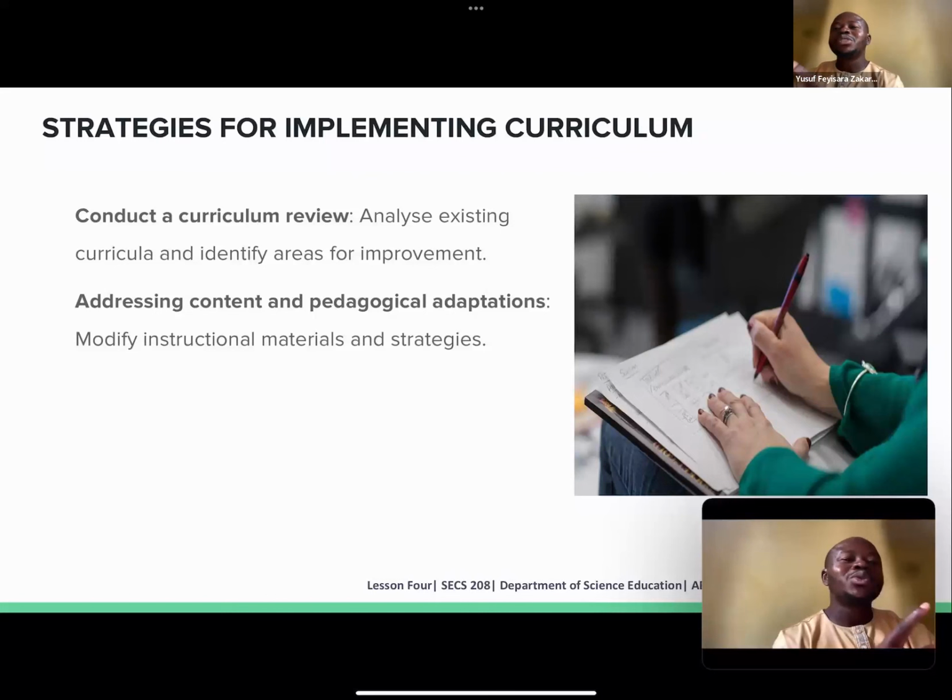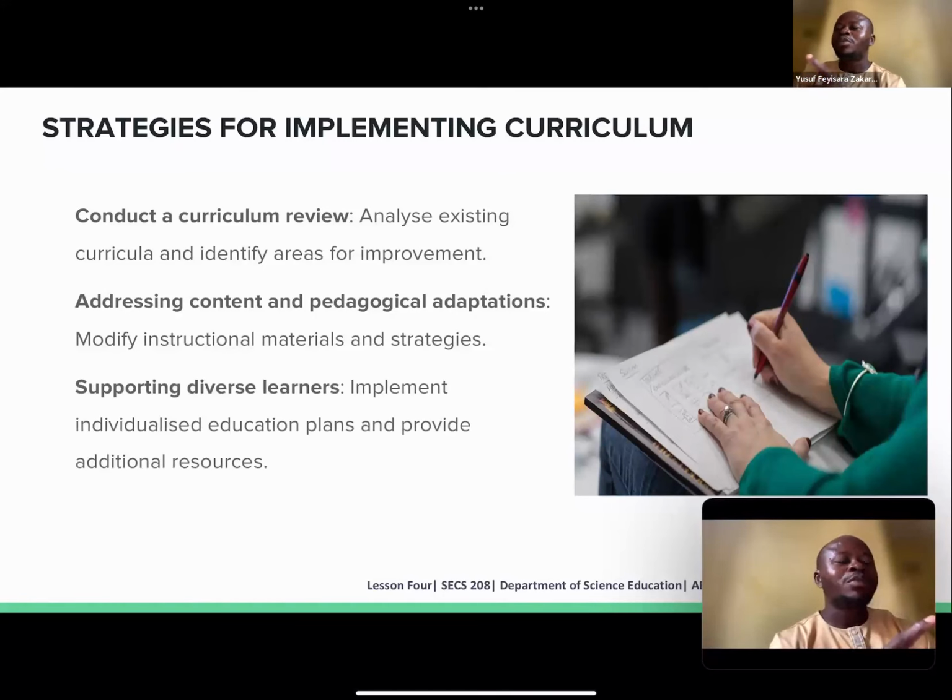How do you want us to teach these things? How can we modify the instructional materials and strategies for teaching them? And lastly, you need to support diverse learners. You need to support people with special needs. You need to make sure your curriculum carries everybody along.